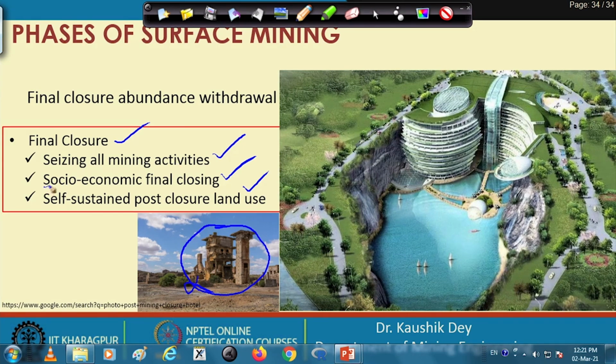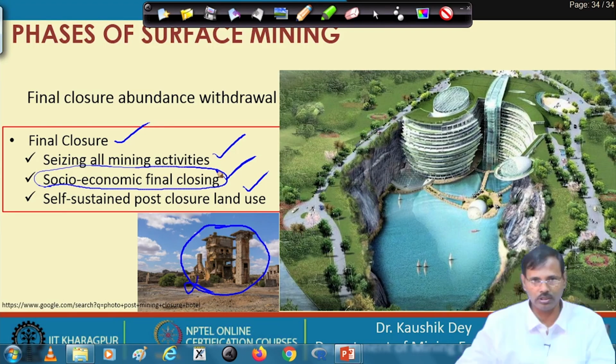Then the socio-economic final closing is very important, which I have discussed in the last slide also. The local people, we have uplifted their lifestyle, we have given some job opportunities, some other employments are there, and that socio-economic closing means we have to give some source of sustainability to this community, so that the mining can be withdrawn in a positive way. Say suppose there is a village, during the mining their lifestyle is uplifted, they are now habituated with the televisions, they are now habituated with the smartphones.